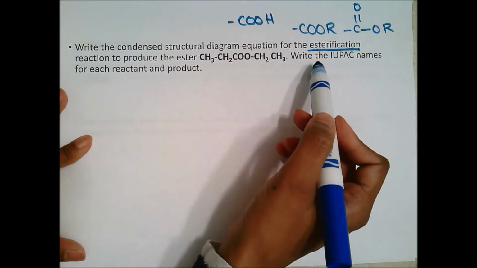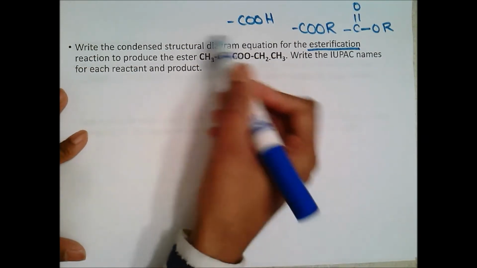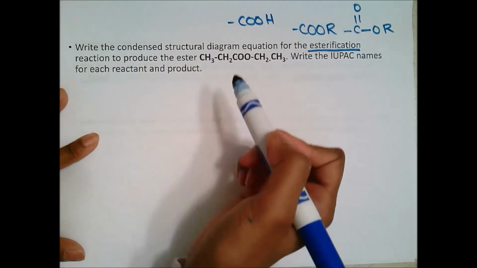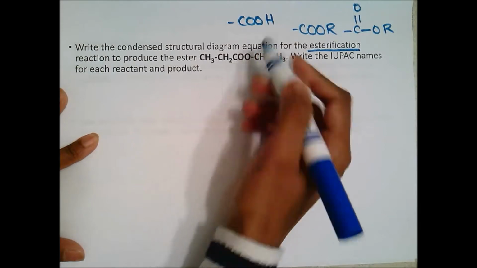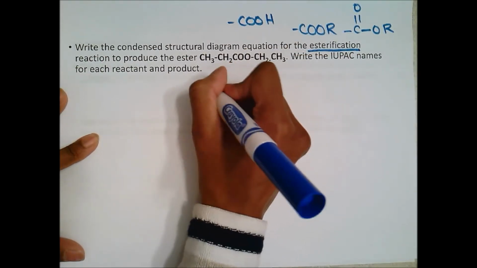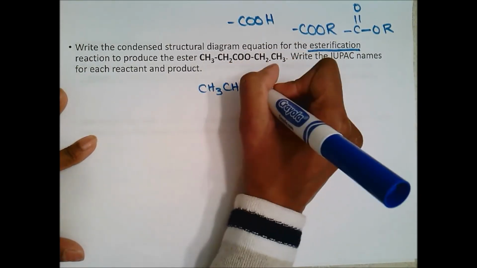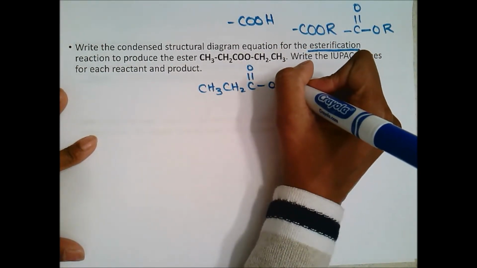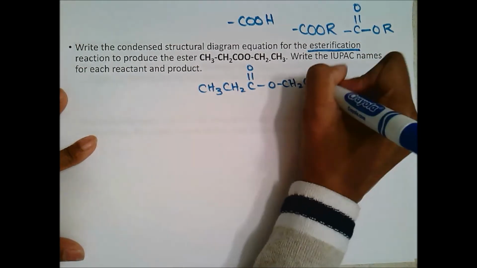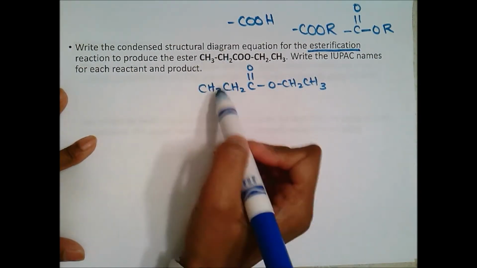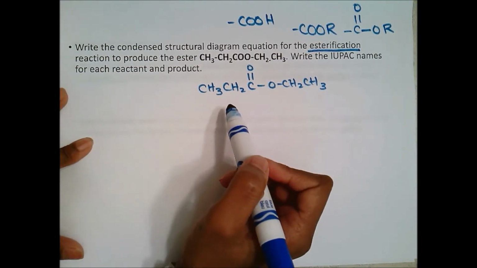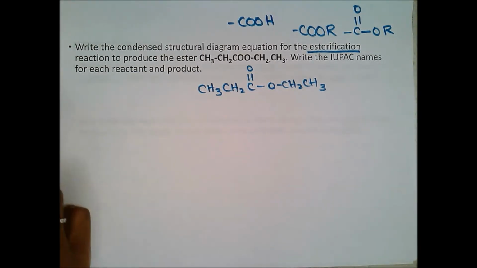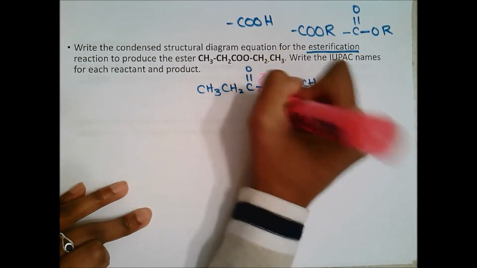So we want to write the names of the reactants and then finally name this product. So maybe if it helps you to draw it out with the carbon double bonded oxygen, try and draw it that way. So here we have CH3, CH2, C double bonded to that oxygen, and then you have the O and the CH2, CH3. So those are the same things. So remember that the double bonded carbon, this side of the molecule, so basically where our bond formed is right here.